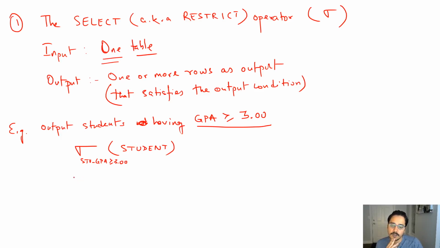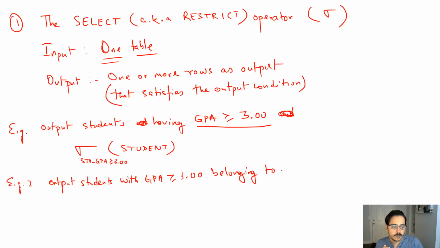Okay. So now in addition to this, if we add one more criteria, and so let's say example 2. So output students with GPA greater than equals to 3.0 belonging to the CSE department. Okay.